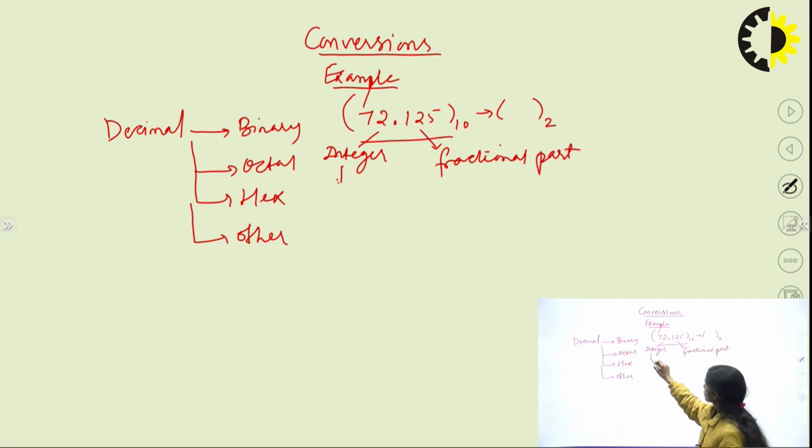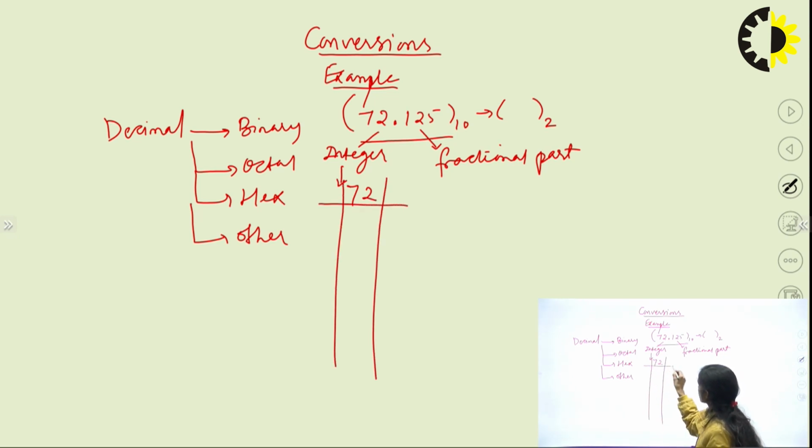For the integer part, we have to convert by dividing the number by its base. Binary has base 2, so it will be divided by 2. If I have to convert this number into octal, I will divide it by 8.